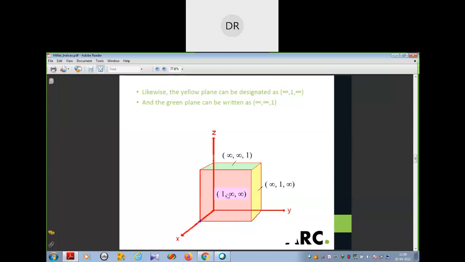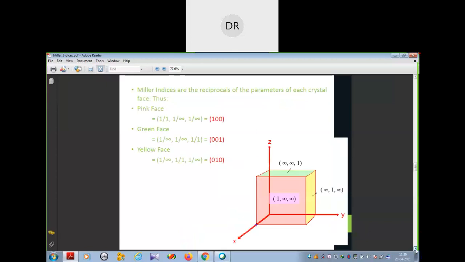So you can designate the planes like this: 1 infinity infinity for x, infinity 1 infinity for y, and infinity infinity 1 for z.